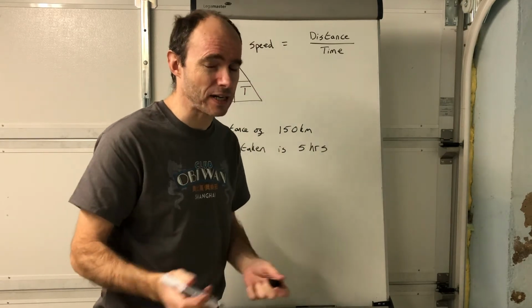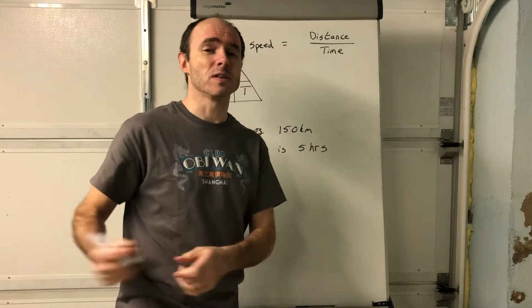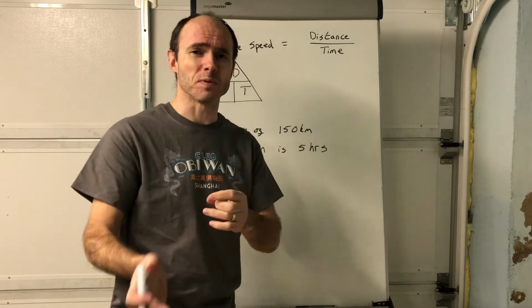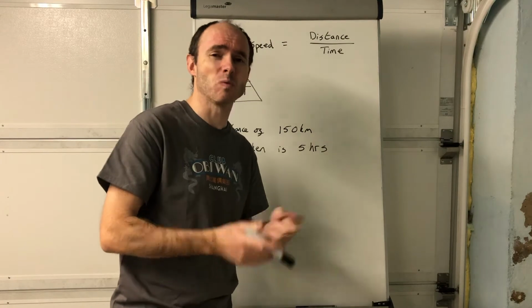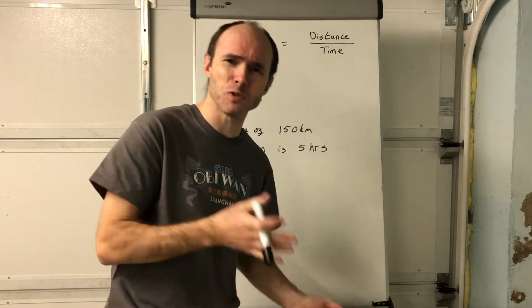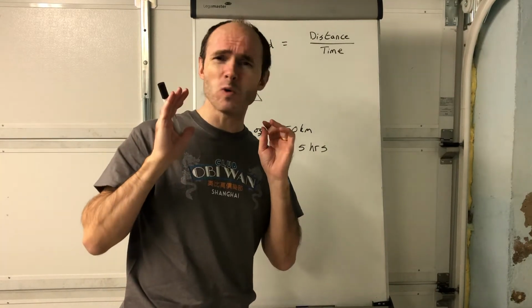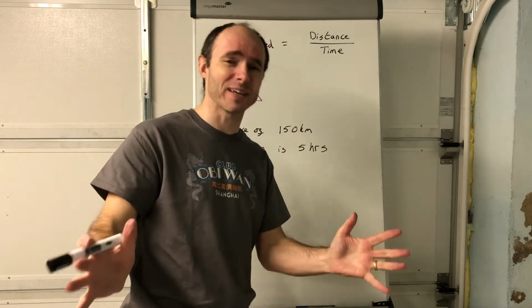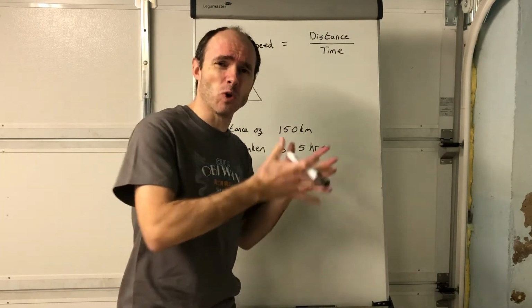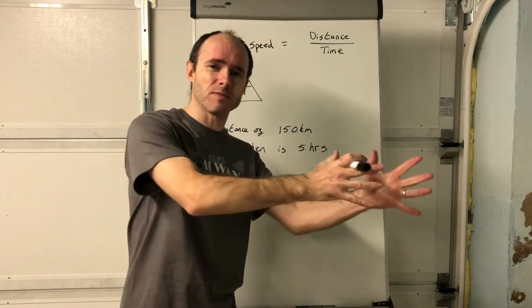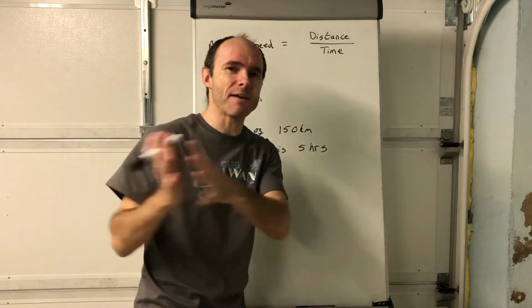Because realistically in your journey, you start, you build your speed up, you stop, slow down depending on traffic, what kind of town you're in, whether you're on the motorway, highway, freeway, autobahn, whatever you want to call it, a high-speed road. You're not travelling at the same speed all the way along, but from the start to the end of the journey, we're talking about an average speed.